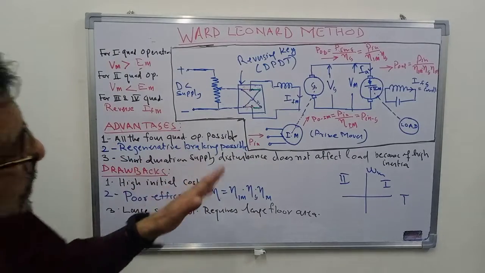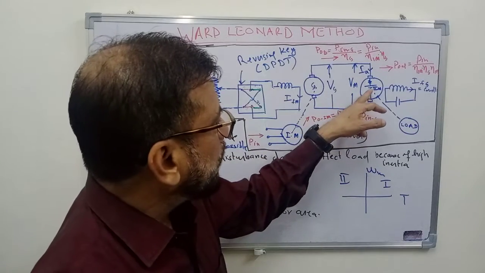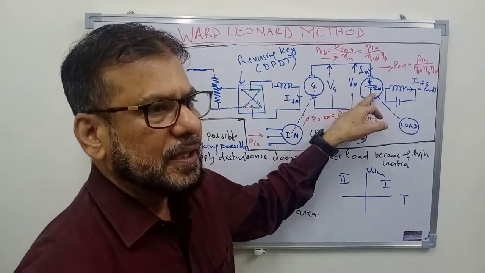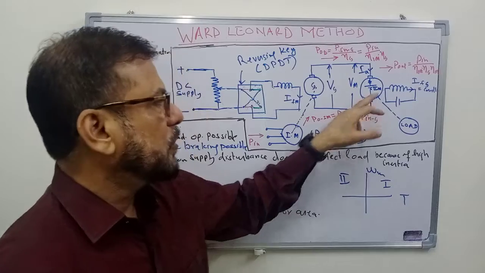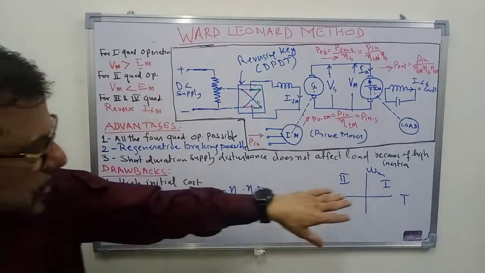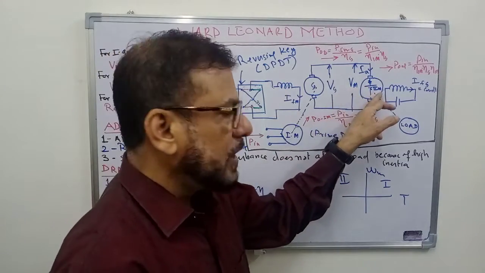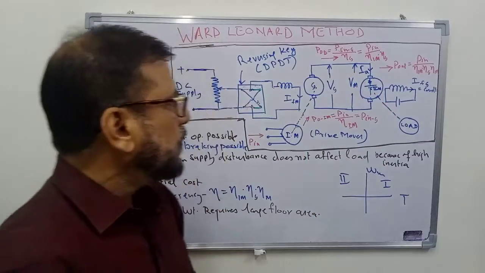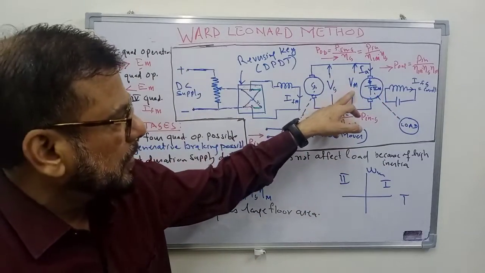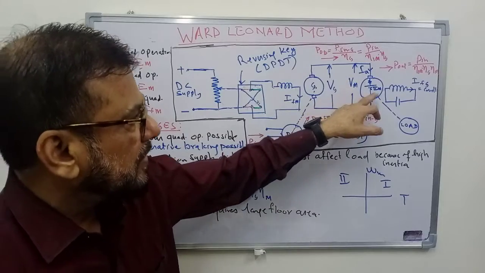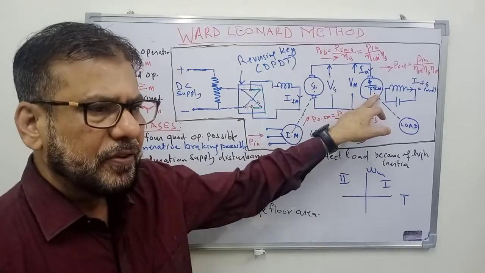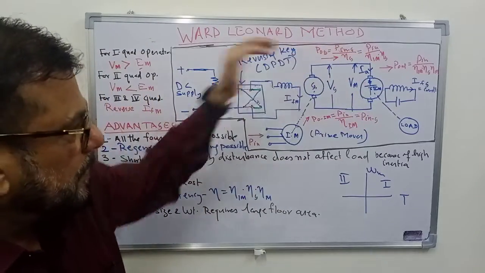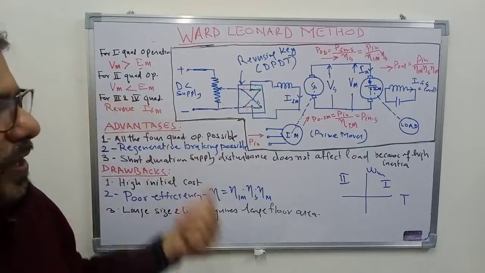So for this you have to make this voltage less than the back EMF of the motor. In the normal first quadrant operation, this voltage will be more than the back EMF and the power flows like this. If you reduce the voltage across the motor such that it becomes less than the back EMF, then the current will flow in the reverse direction and we shall have second quadrant operation.